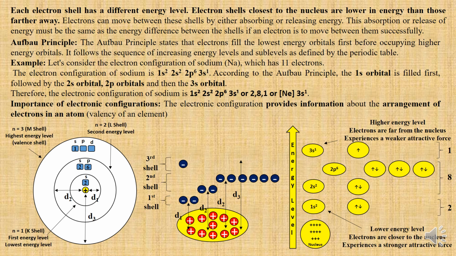It is the valence electrons, or the electrons present in the outermost shell, that participate in the reactions, as they are free from the influence of the positively charged protons. That is, they are free from the influence of the stronger attractive force exerted by the nucleus of the atom.